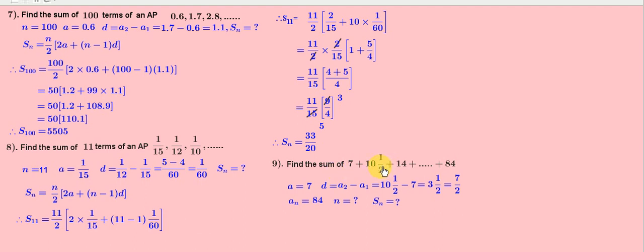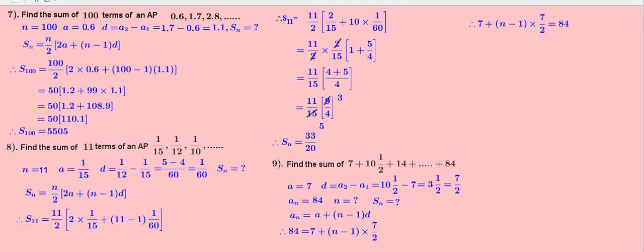Number of terms of this AP is not given, so we have to find number of terms of this given AP. Therefore an is equal to a plus n minus 1 into d is the formula to find number of terms n. Substitute the values. 84 is equal to 7 plus n minus 1 into 7 by 2.